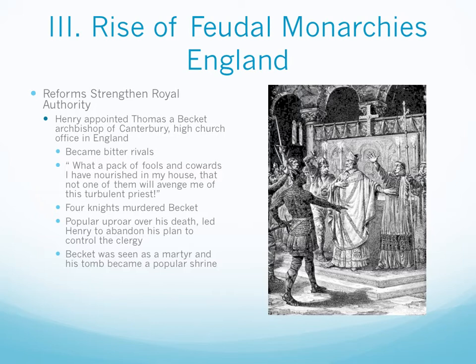And so pretty much this leads Henry to take back what he said, and he's not going to try to control the clergy anymore. And so Thomas à Becket's tomb becomes a popular shrine. He's seen as a martyr. The Canterbury Tales is a story about pilgrims traveling to go see his shrine, his tomb.